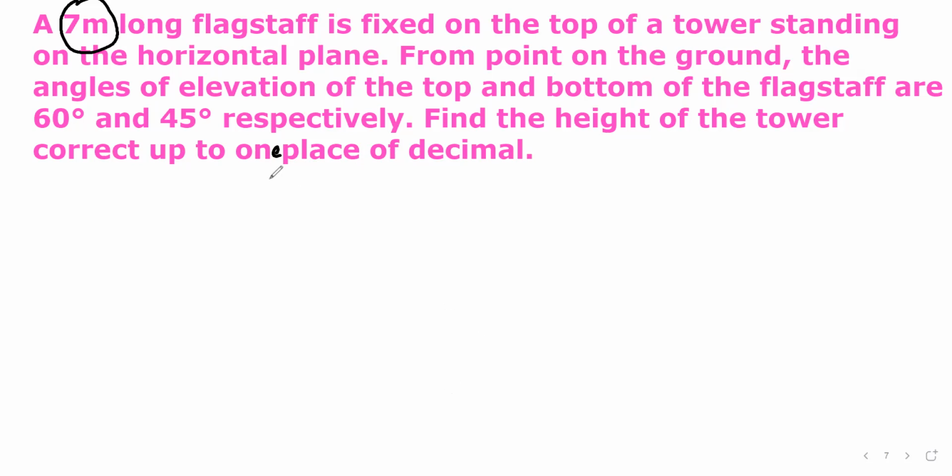Okay, there is a typing error, one place of decimals. So now what I will do is, again, let us consider: what is the question? A 7-meter long flagstaff is fixed on top of a tower standing on the horizontal plane.